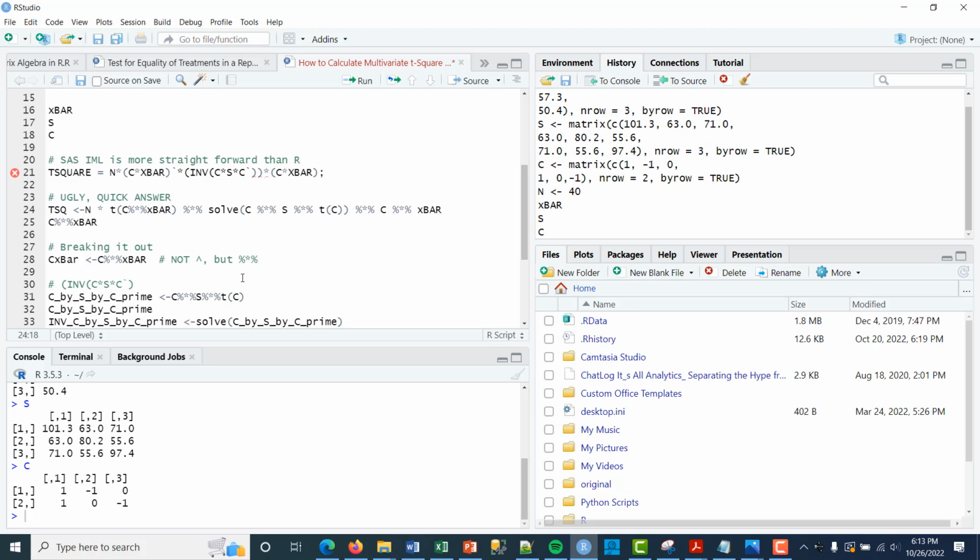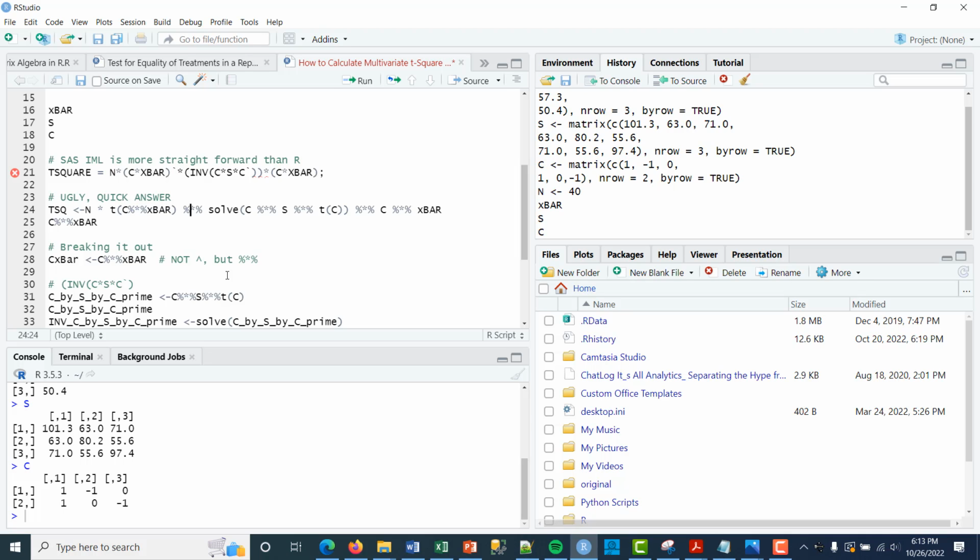So you'll note that this is not just a simple scalar multiplication like over here. It actually uses the percentage sign, asterisk, percentage sign, times X bar.